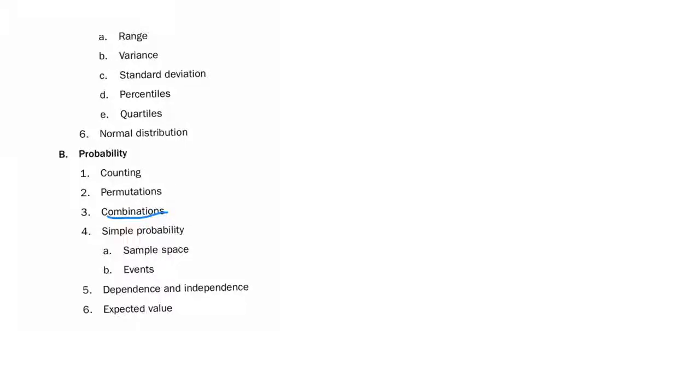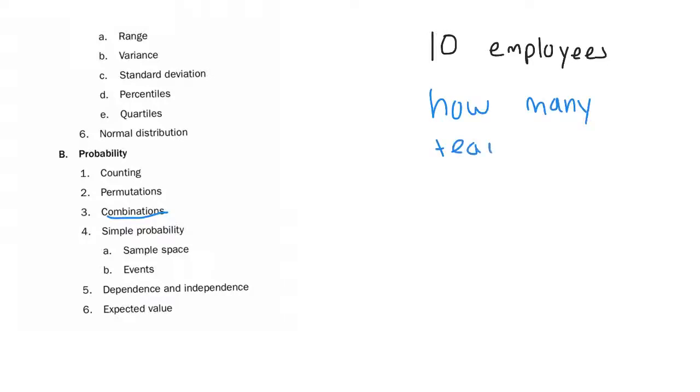An example of a combination problem is something like you have 10 employees, and you want to know how many teams of 3 can you create. How many different teams of 3 can you create from 10 employees?